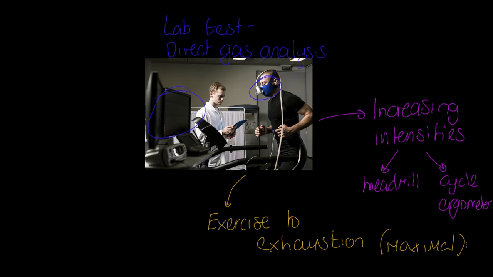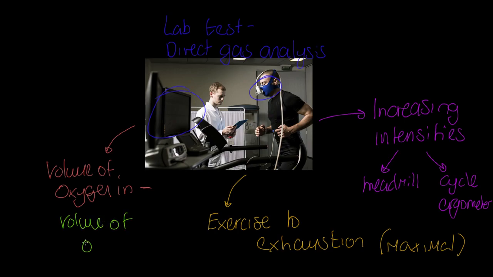Now what we're ultimately interested in with this model is the following equation. We are going to take the volume of oxygen taken in, so we're going to measure that through the mask, and from there we're going to take away volume of oxygen out. Now you might be thinking, hang on a second, we don't breathe oxygen out. Well, we do.